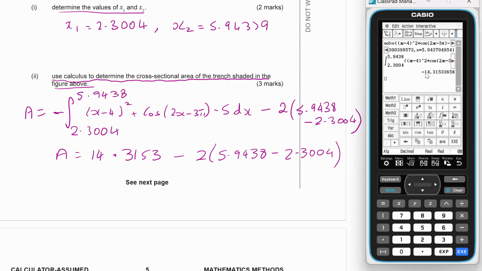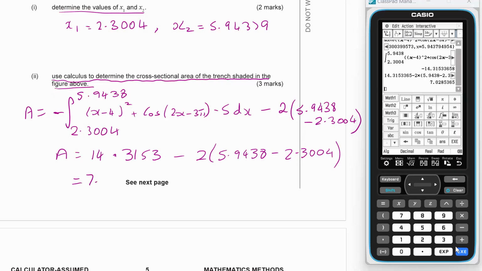So we'll take the last answer, accept the negative sign, and we'll take away from it 2 times, let's open up a bracket and put in there 5.9438 take away 2.3004, and that gives me 7.029. And given the units, that would be in square kilometres.